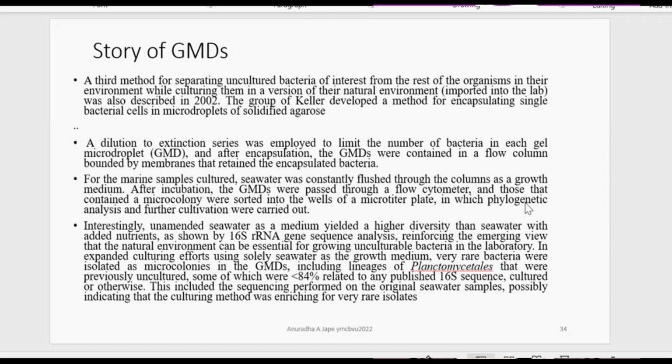So the next method, which was developed, I think, in the early 21st century, that is 2001, 2002, by Kaler et al., is about encapsulating a single bacterial cell in a micro droplet, and the droplet is made up of some gelling material, maybe say agarose, right?